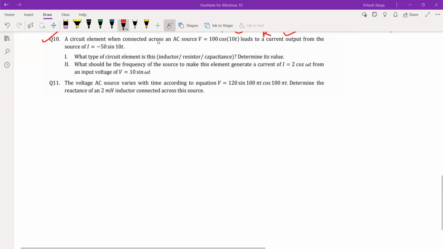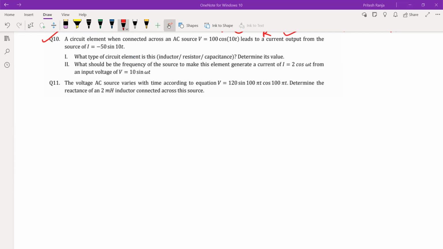So a circuit element when connected across an AC source draws a current from the source. What type of circuit element is this? So voltage leads the current here, and you have to determine its value.